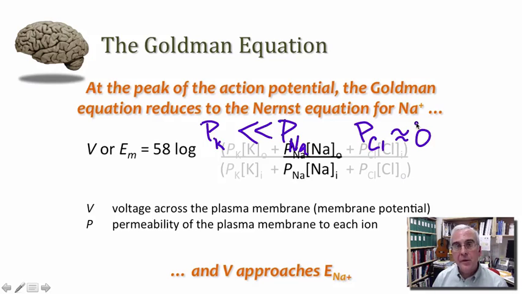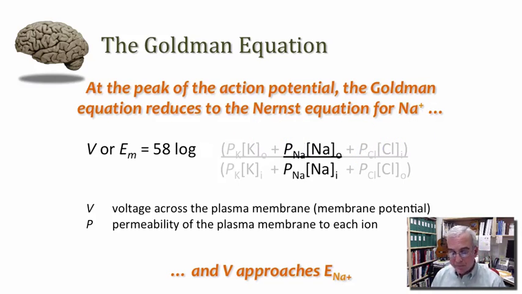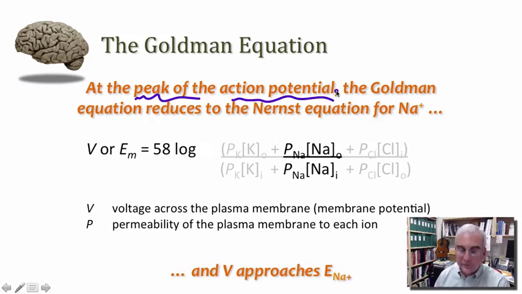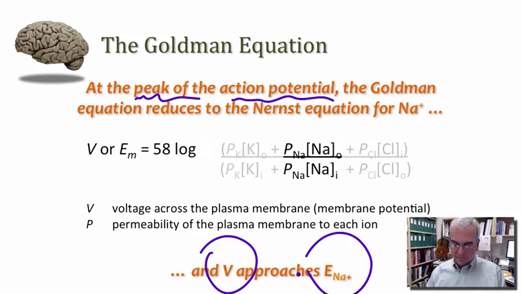And what permeability there is, chloride will simply follow the movement of these positively charged ions. So we can essentially take chloride out of the consideration. So again, at the peak of the action potential, the Goldman equation reduces to the Nernst equilibrium potential for sodium, such that the membrane potential approaches this theoretical limit.